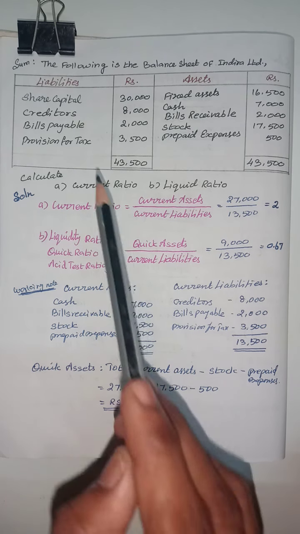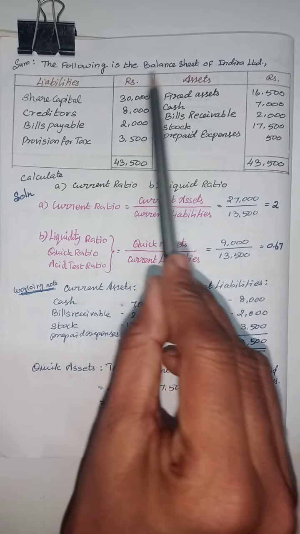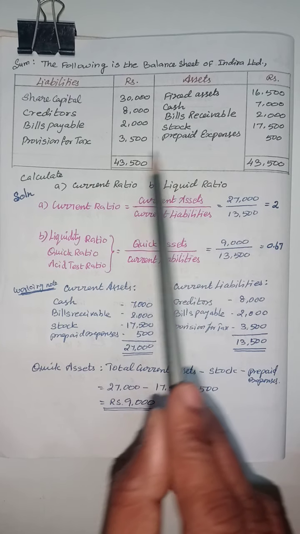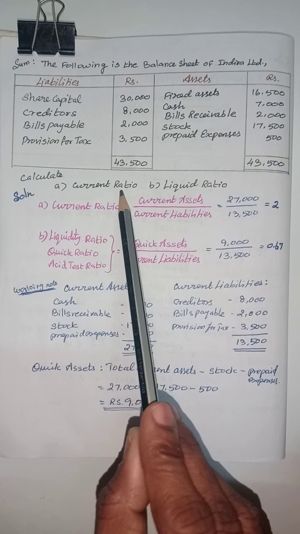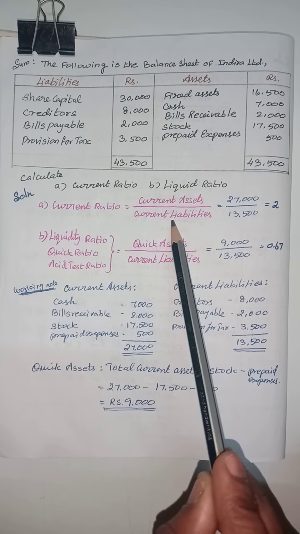This is another example to find out ratio analysis. The following is the balance sheet of Indra Limited. The balance sheet is given. We have to find out the current ratio and liquid ratio. The current ratio is current assets divided by current liabilities.